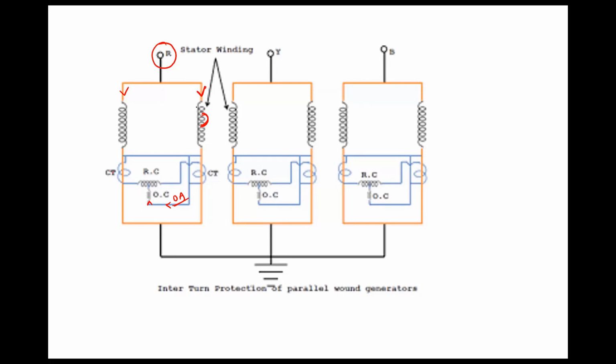When the currents are different, the operating coil will carry some current, and in this way it will trip. Understand? This relay is called a split phase relay. Remember that.